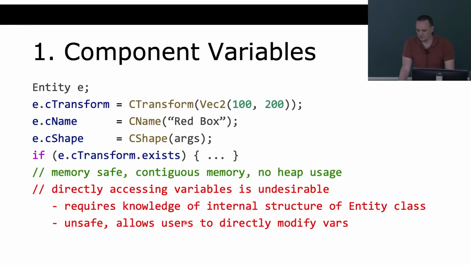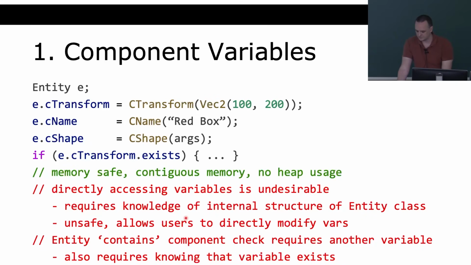It allows users to directly modify variables, which can be unsafe within some contexts. And the entity-contains-component check requires another variable. I talked about that: this exists variable now has to exist. So this is what you're getting at. There are ways that we can do this that don't require this. And this also requires knowing that this variable exists and has this name.